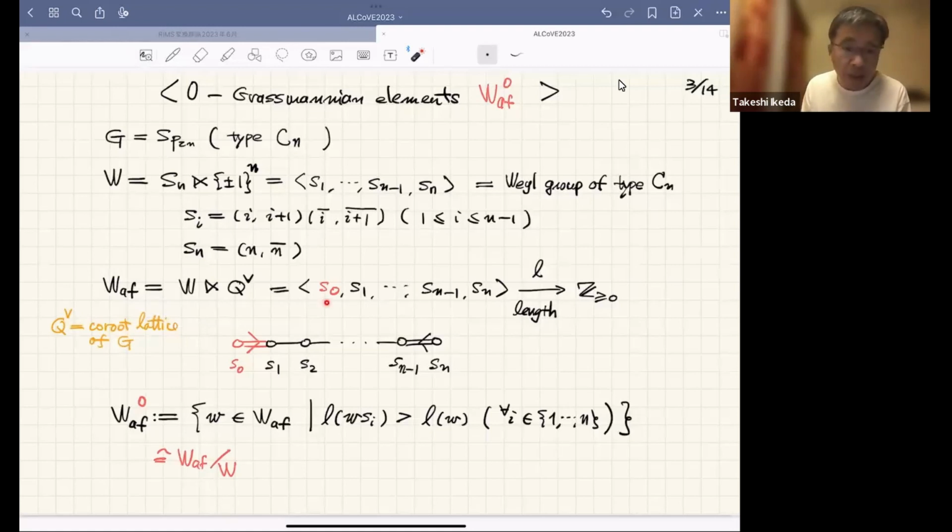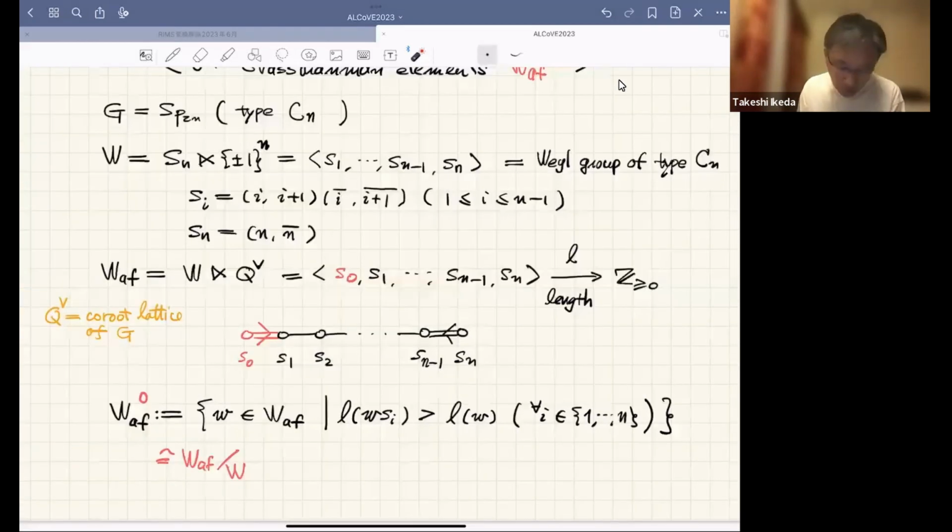So our main construction, this is an index set. W_af^0 is the collection of affine Weyl group elements that satisfy this property. Actually the set gives a nice representative of the coset space of the affine Weyl group mod the finite Weyl group. So this is the basic index set of our construction.